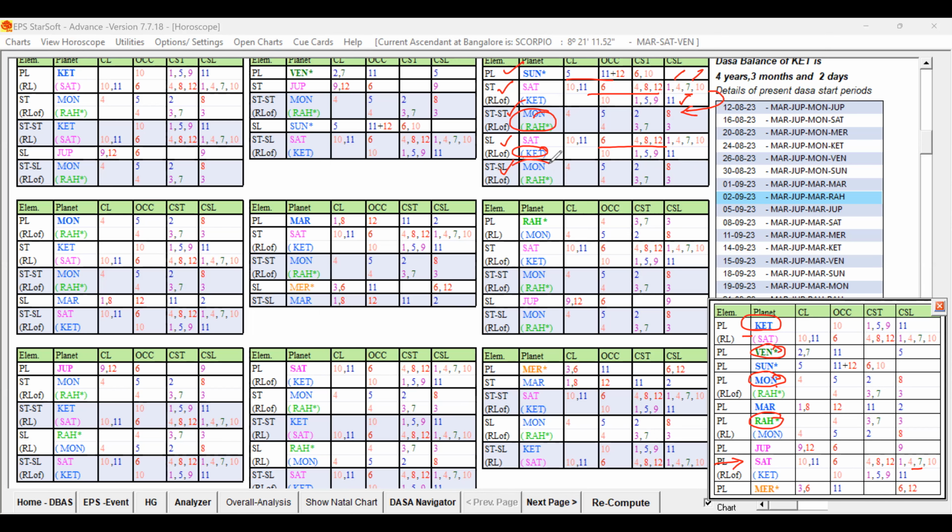And now we have to check which Buddhis are favorable for the marriage. Let us check the marriageable age under the Sun Mahadasa, Moon Buddhi, Sun Buddhi, yes, 23, 24 itself.